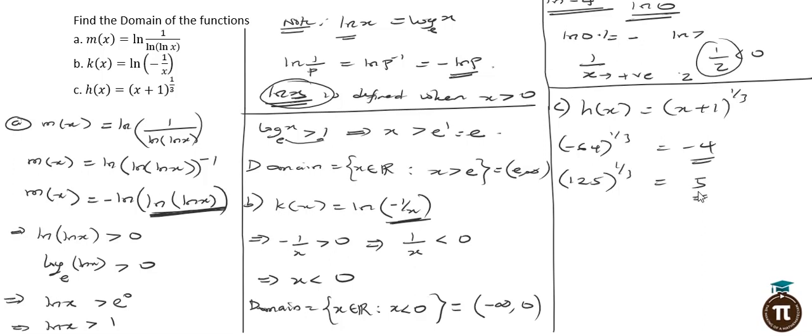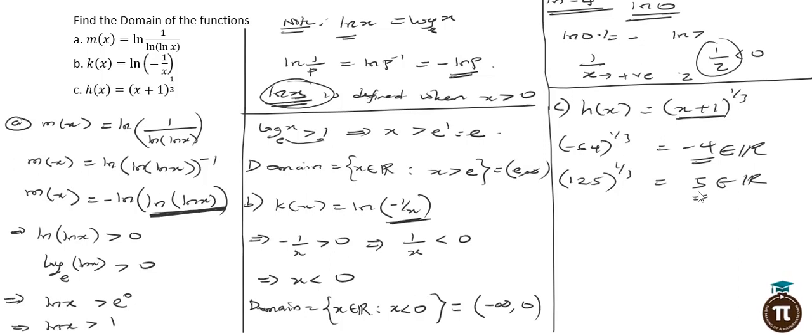What is my point? If x plus 1 is a positive number, we can find the cube root. If it's a negative number, we can find the cube root. We will still get an answer in the set of real numbers. Assuming it's raised to power 1 over 2, that's square root.